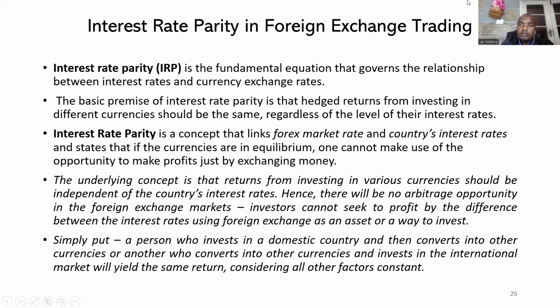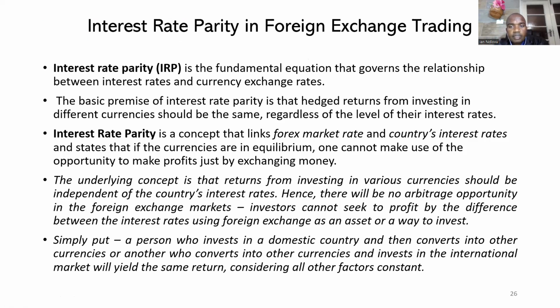So when we are looking at interest rate parity, it's a very important concept in foreign exchange trading. I can safely say interest rate parity is a very important concept in international finance in general.